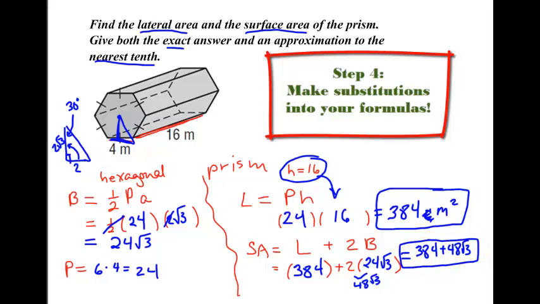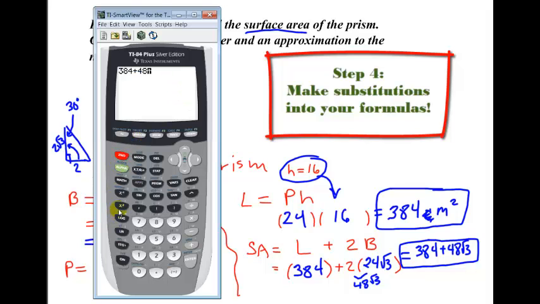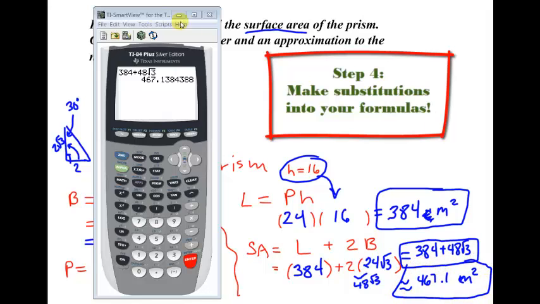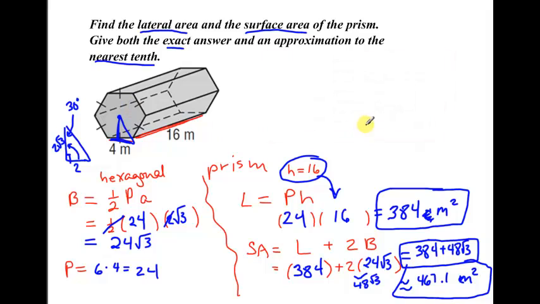And then I can go ahead and convert that into a decimal with my calculator. So getting all of that in there, it's about 467.1 it looks like. So 467.1, about square, I keep wanting to do centimeters, square meters. That's the rounded number.